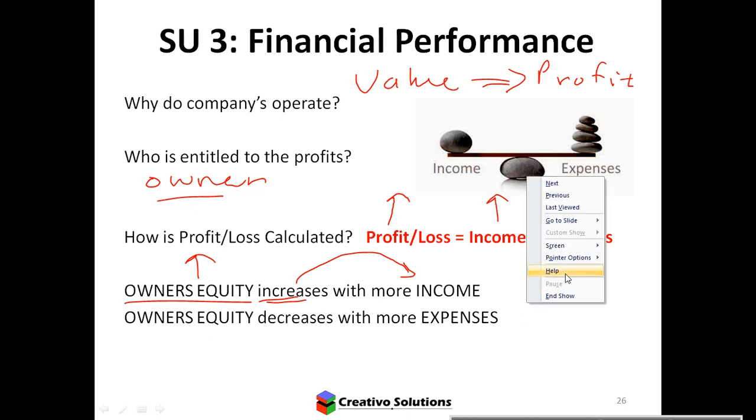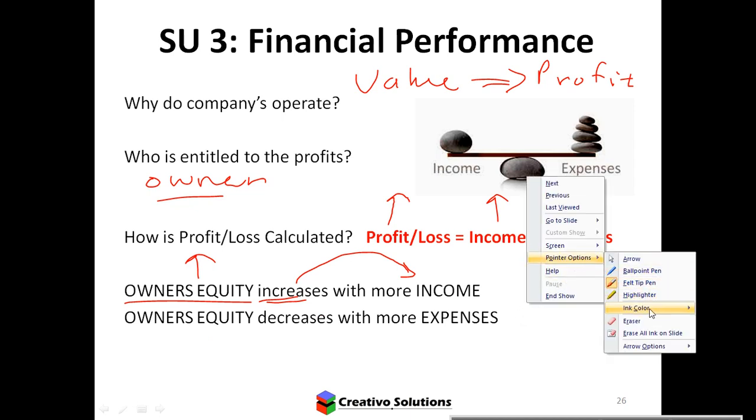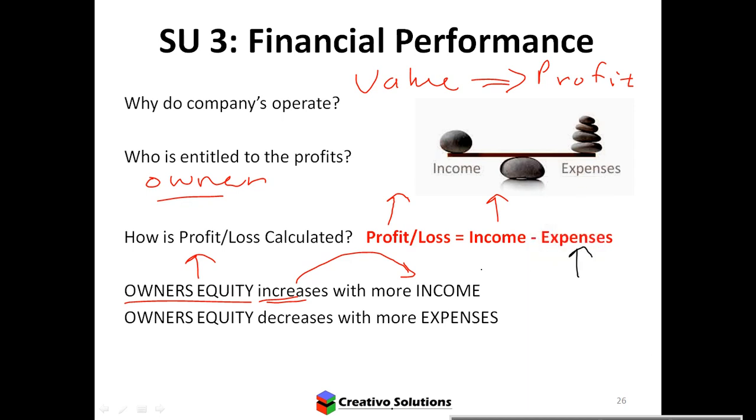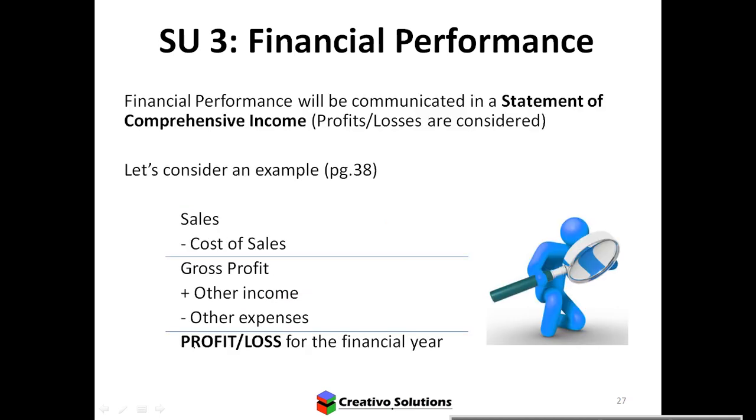If I have more expenses, what happens? Owner's equity decreases. Why? Because there's more expenses, which leads to lower profit. Okay, more expenses, less profit, less owner's equity.